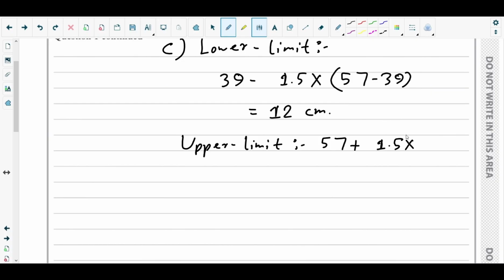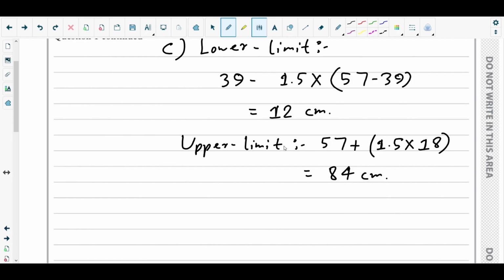Yeah, 18. So what would be the upper limit for the outlier? Okay, wait, 1.5 times 18 is 27. So not 69, it's basically 84. The upper limit is 84 centimeter.